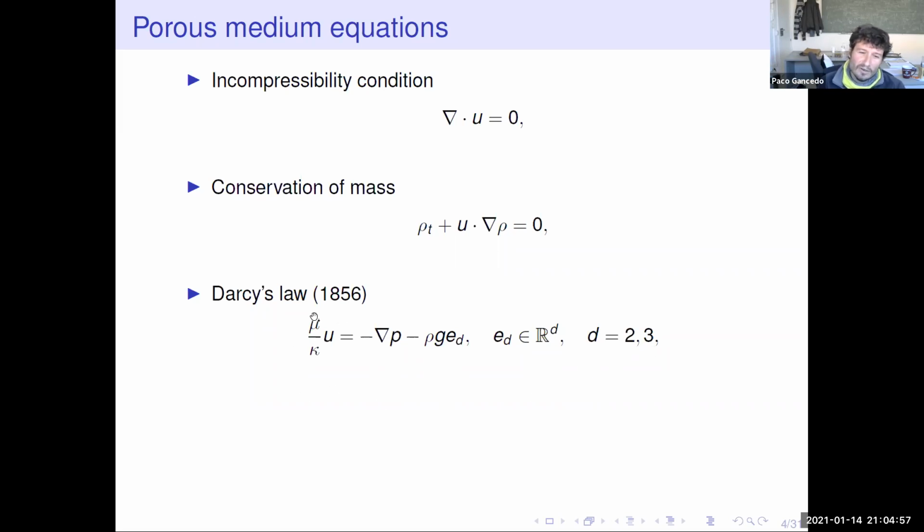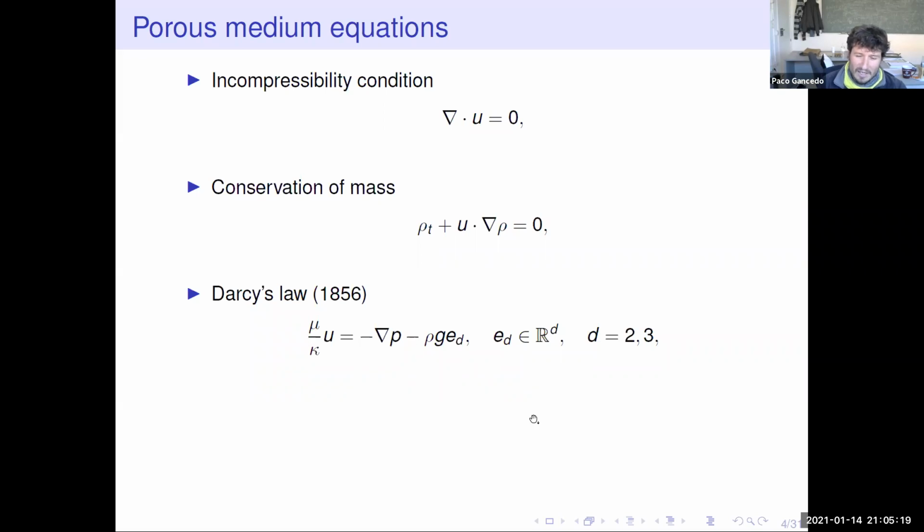Essentially what Darcy's law is telling us is that the forces, pressure and gravity, are proportional to momentum, instead of having Newton's second law. This is because the fluid is filtering through the porous media, and the media is slowing down the fluid.